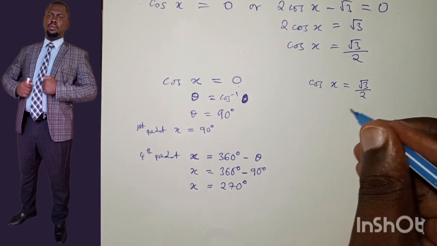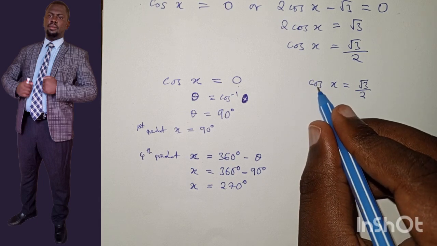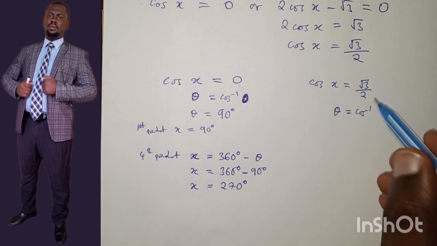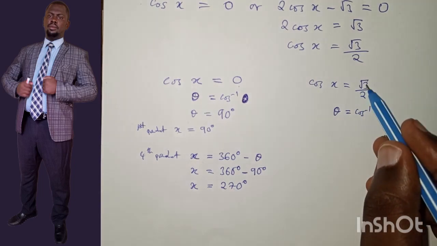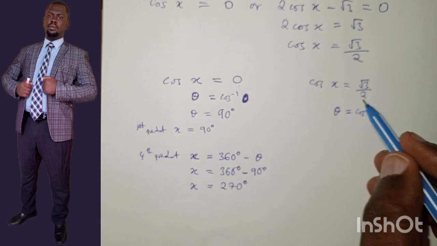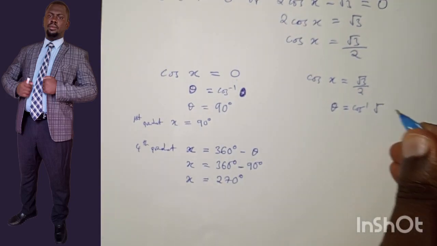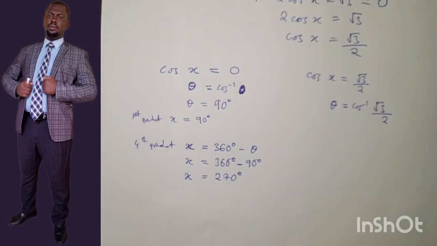Theta, the angle in the first quadrant, will be cos inverse of the absolute value of this, that is cos inverse of square root of 3 over 2.